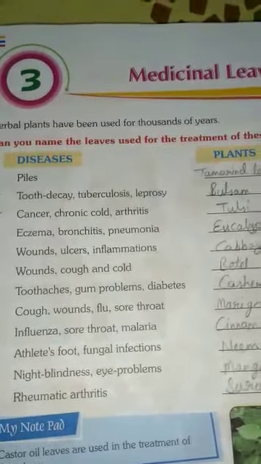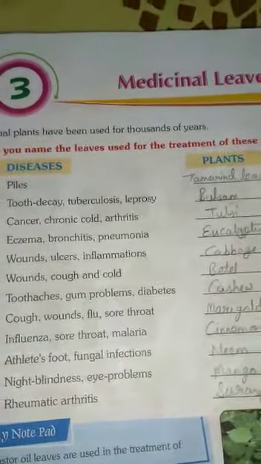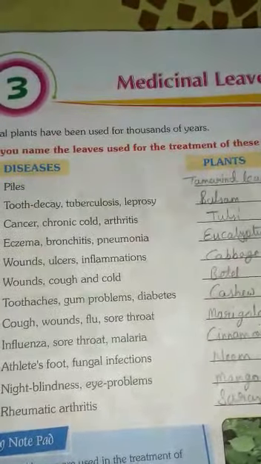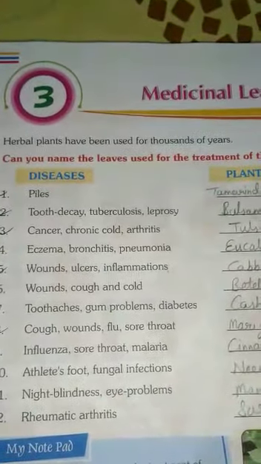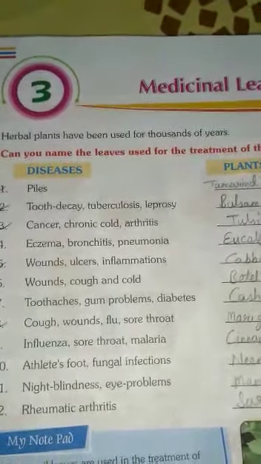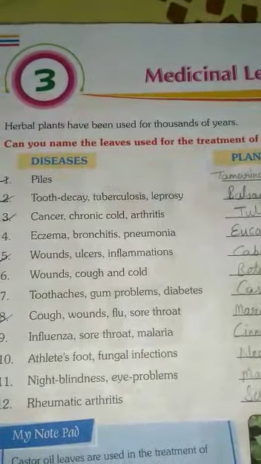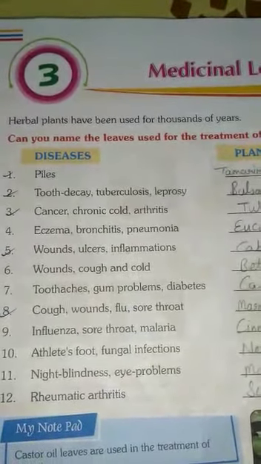Which disease requires which plant? If you got any hurt, which plant are we using? So in this chapter, we will study which disease requires which plant name.